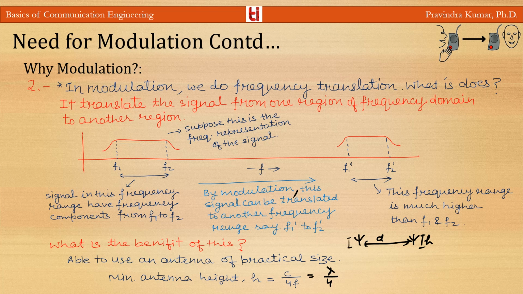So the antenna height should be wavelength by 4. Here you can say whenever you want to translate of baseband signal or message signal to higher frequency, which can be transmitted through a baseband channel using an antenna of small size.